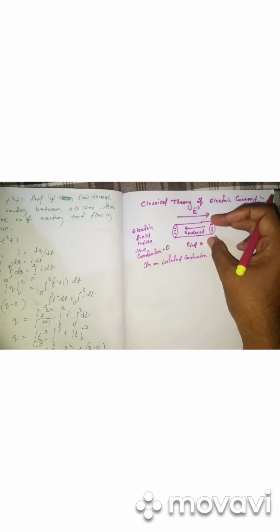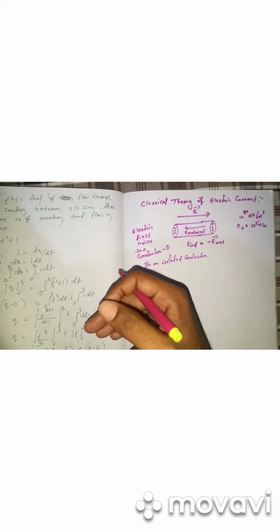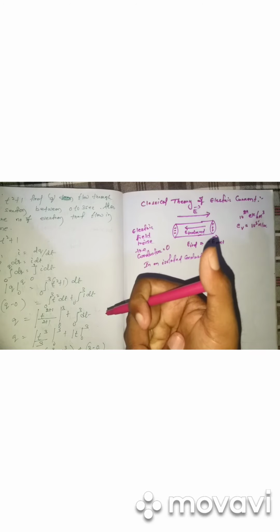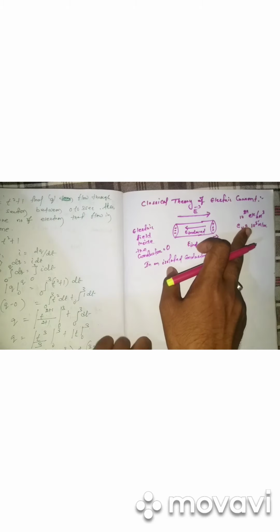How are they vibrating, sir? Because the conductor is always at room temperature, they acquire thermal energy. Due to thermal energy, they vibrate in zigzag motion with some velocity, about 10 to power 5 meter per second.